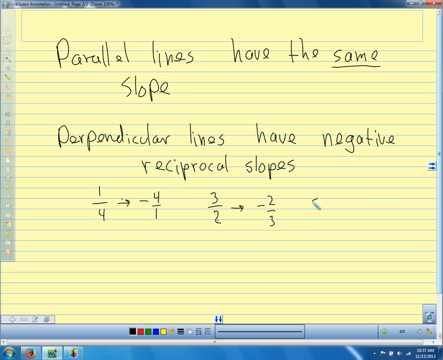The negative reciprocal of negative 5, which I can think of as negative 5/1, is 1/5. So we flip the fraction and change the sign. All of these are negative reciprocals. This is how we tell if lines are perpendicular if we have the equations for the lines: their slopes have to be negative reciprocals.